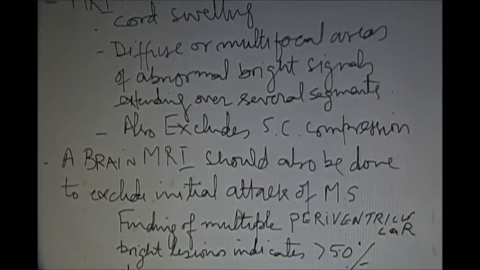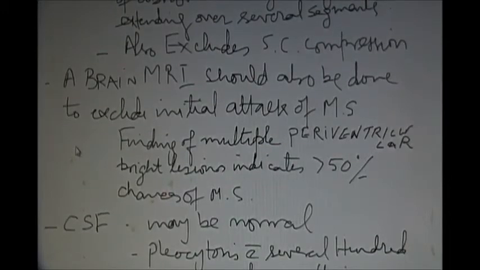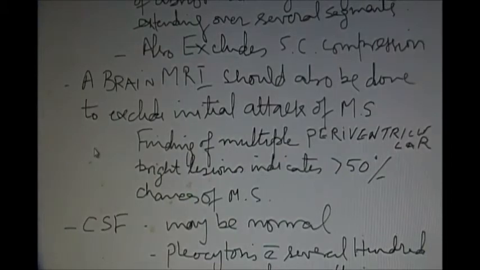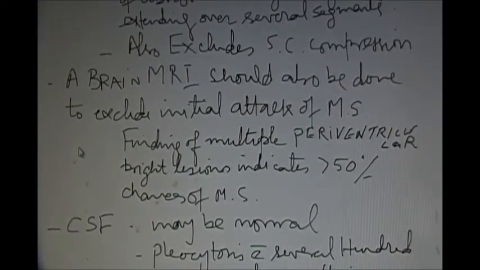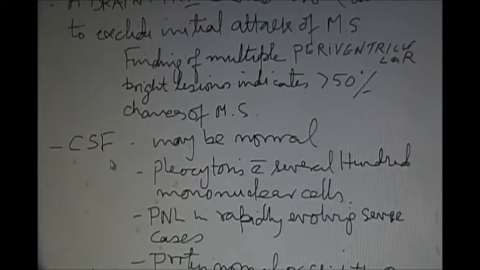Finding of multiple periventricular bright lesions indicates more than 50% chance of multiple sclerosis. So in transverse myelitis, a brain MRI should always be done to exclude multiple sclerosis.